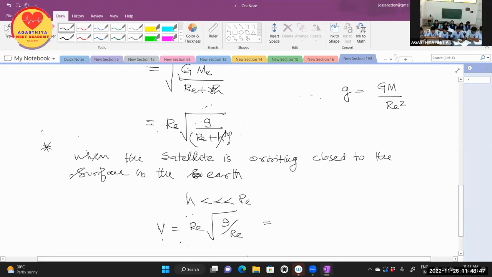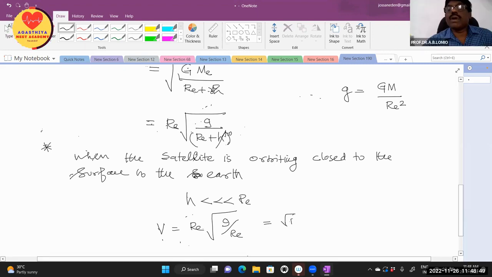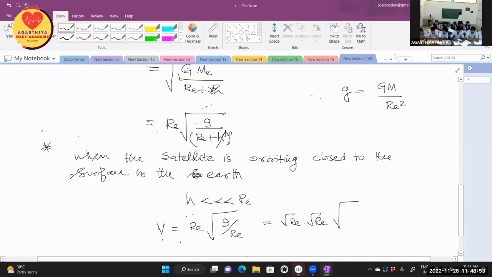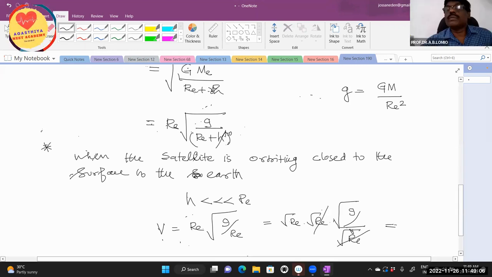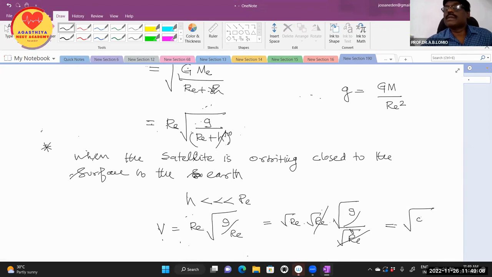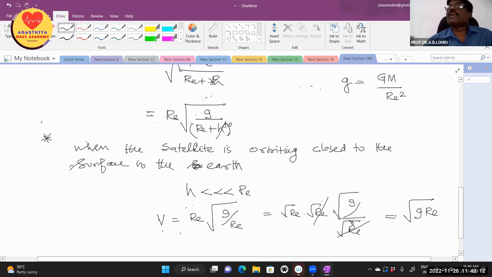Therefore, RE square can be written as root RE into root RE, and the formula becomes root of g RE. You have to remember this formula.